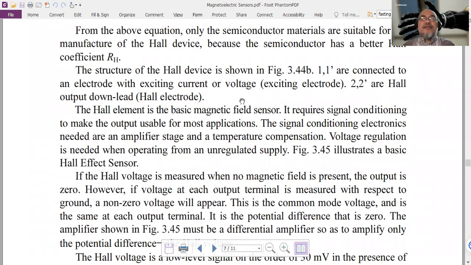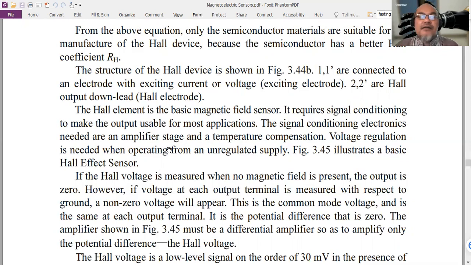So this Hall element is the basic magnetic field sensor. It can measure the magnetic field. And usually the compass that you have in your smartphone is based on this Hall effect, made from a semiconductor thin film material.